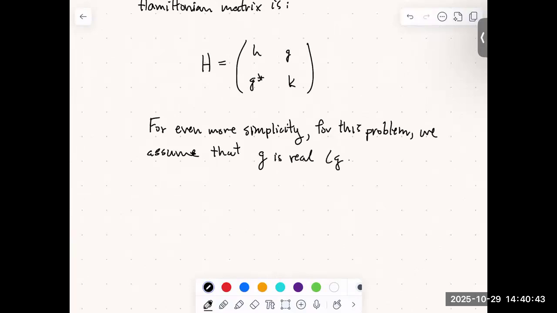So G is equal to G star. And we're going to assume that H is equal to K. All right.